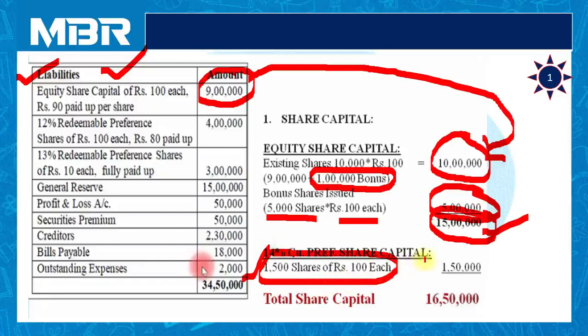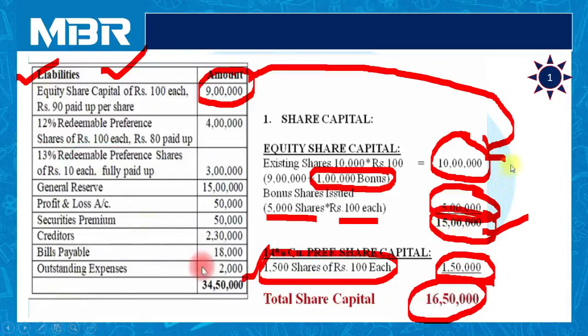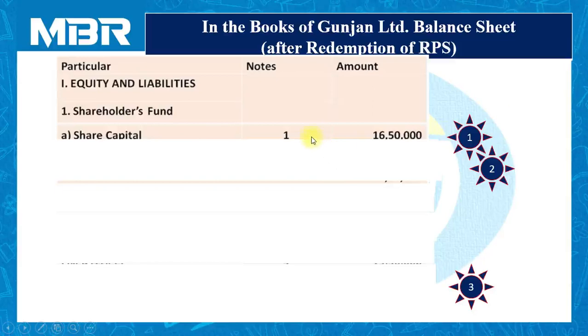So 1,500 multiplied by 100 rupees, total preference share capital 1,50,000. And in all, total share capital of the company is rupees 16,50,000. We have to record these 16,50,000 in the balance sheet as note number 1.